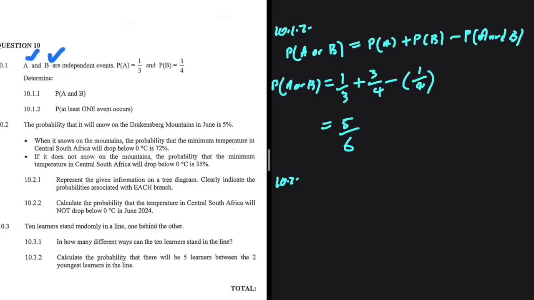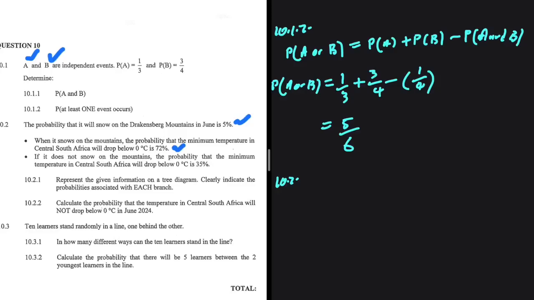The probability that it will snow on the mountains in June is 5%. When it snows on the mountains, the probability that the minimum temperature in central South Africa will drop below 0 degrees Celsius is 72%. We're going to make sense of that. No need to worry. Let's just read through our statement and see what information we have.